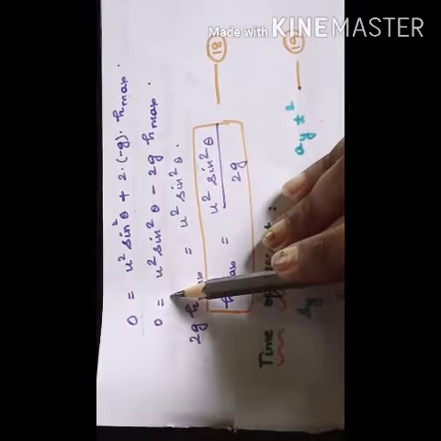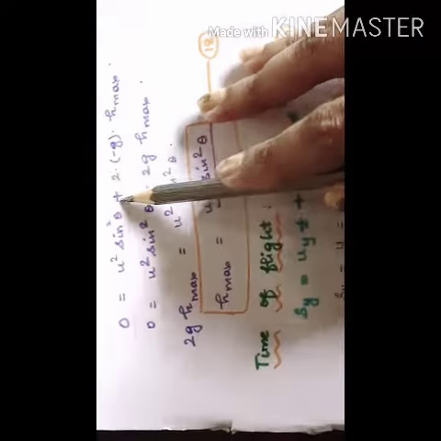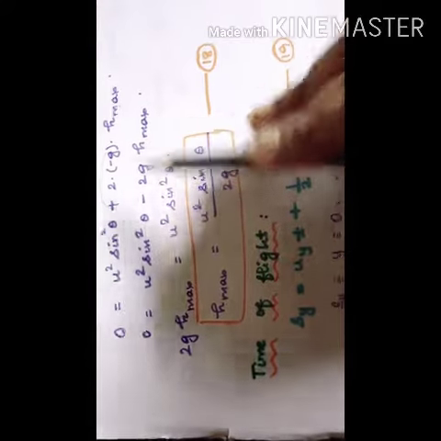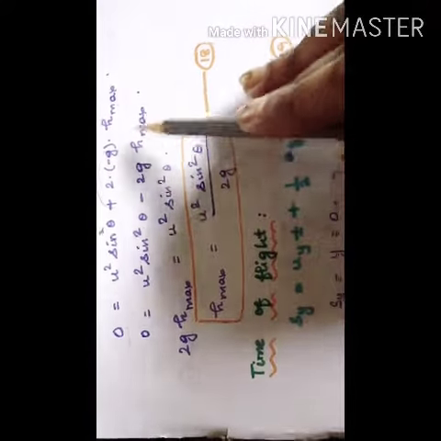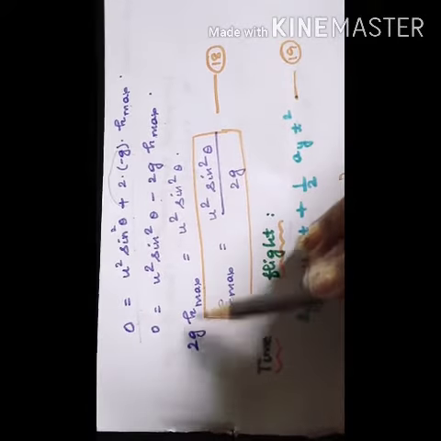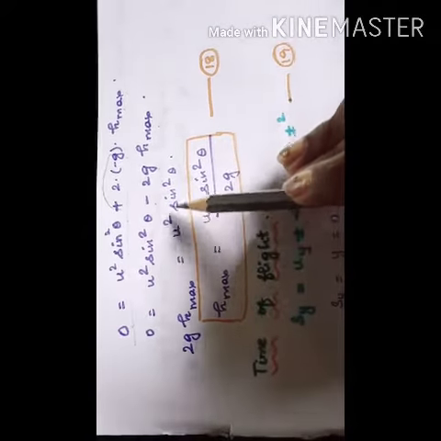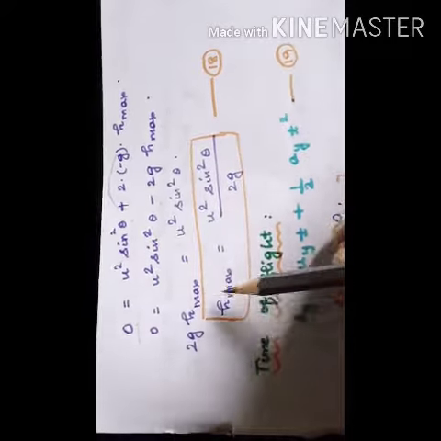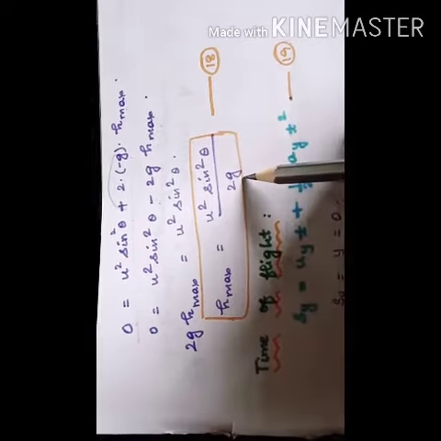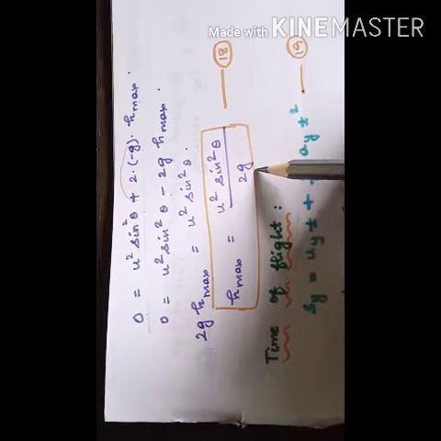So 0 is equal to u square sin square theta plus, into minus, minus 2g into h max. Now minus 2g h max comes to the other side and becomes positive. So 2g h max is equal to u square sin square theta. From this, h max is equal to u square sin square theta divided by 2g. So this is the value of h max.